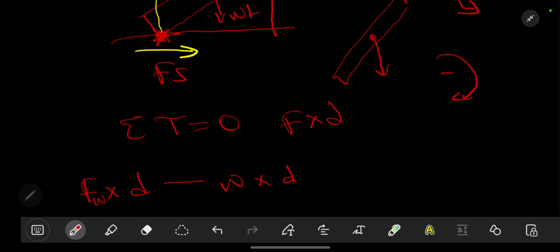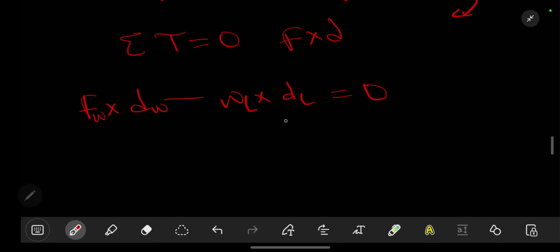Now I need a way to differentiate this distance and this distance. Mostly we don't even write this, but it was just for the sake of your understanding. So we can say the distance of the ladder, and this is the distance of the wall, should be equal to 0.